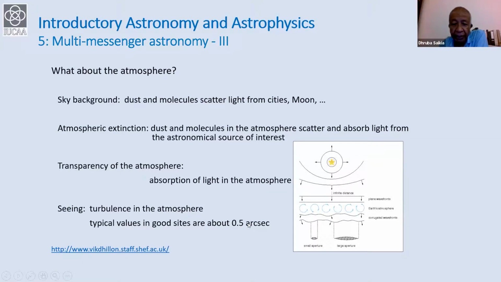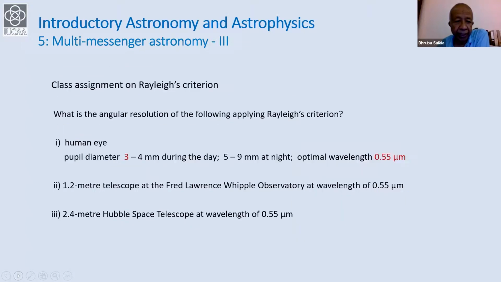So if you had an ideal point source, it can get scattered, looking like a Gaussian. And in a good site, the full-width half maximum would be roughly of the order of 0.5 arcsecond, or sometimes even slightly better. But on the other hand, when you calculate what you would get from applying Rayleigh's criterion, you would get a much smaller value.